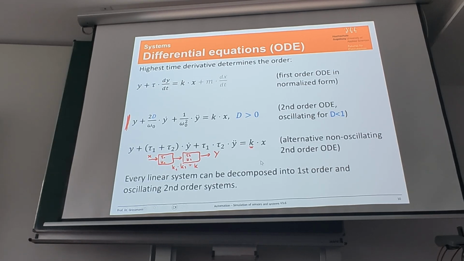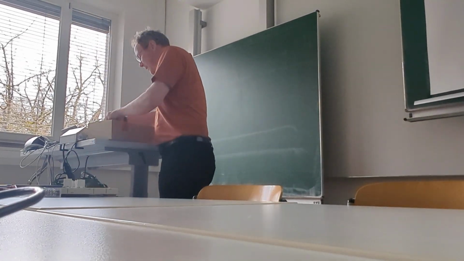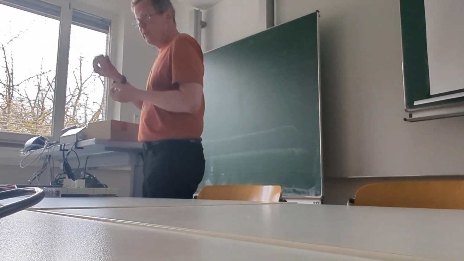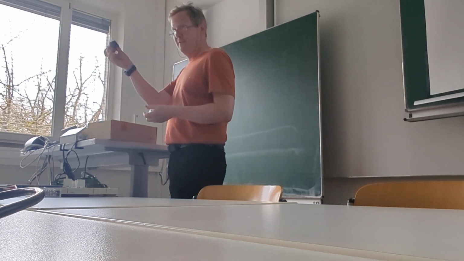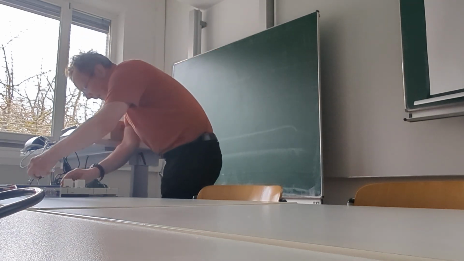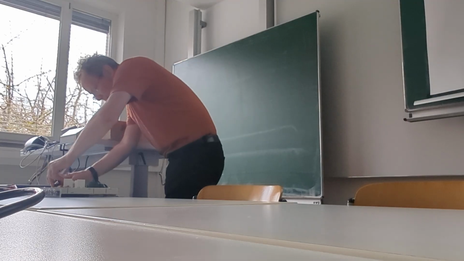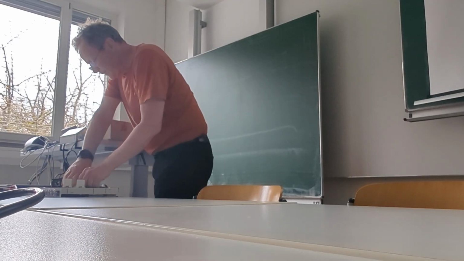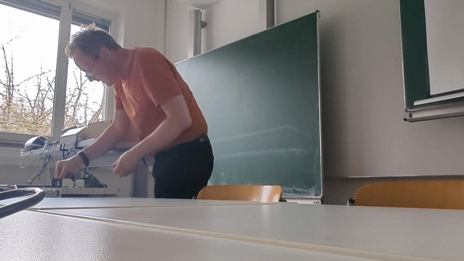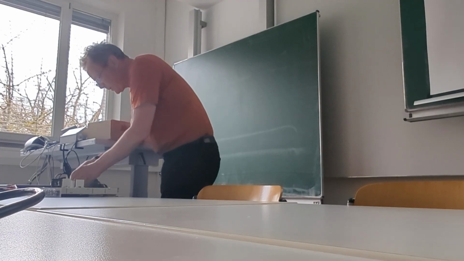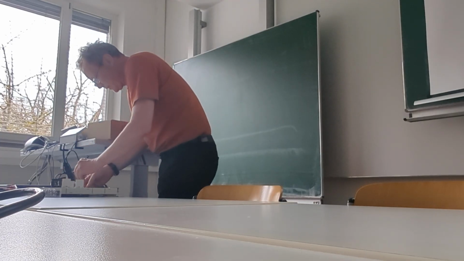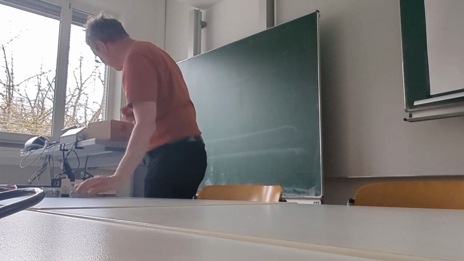Okay, let's try to produce one of those. I have some more components here. So this is an inductivity, obviously, a coil, and then we put there a serial capacity, and then a serial resistance.